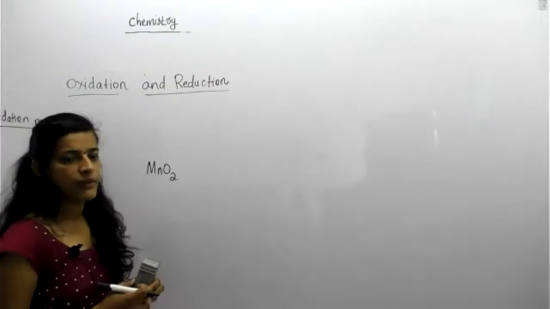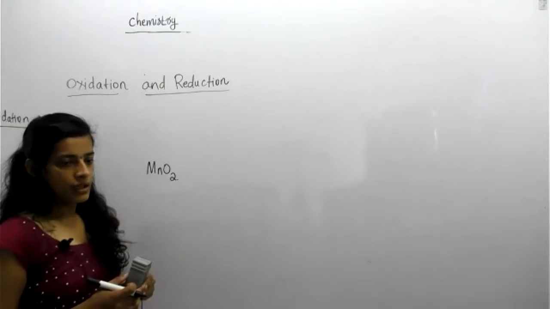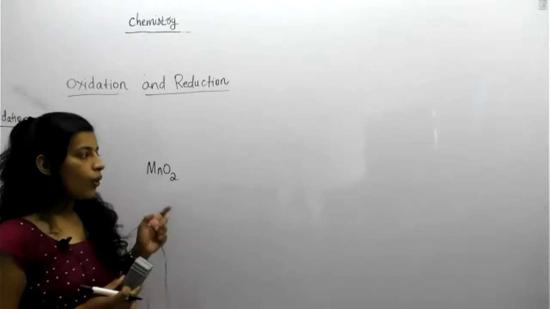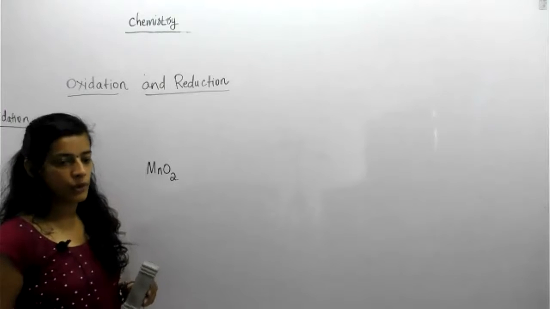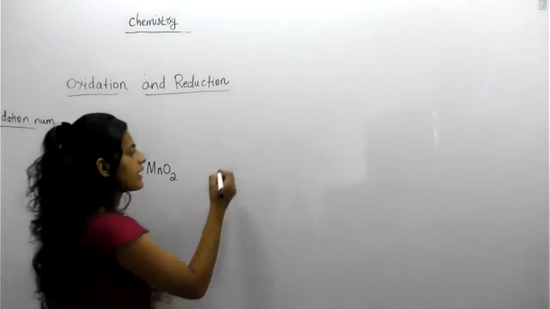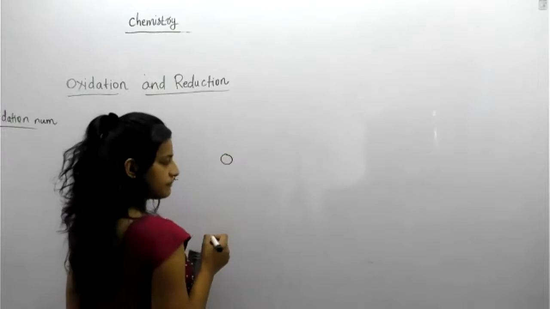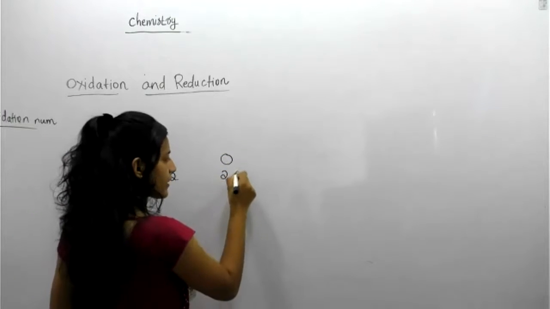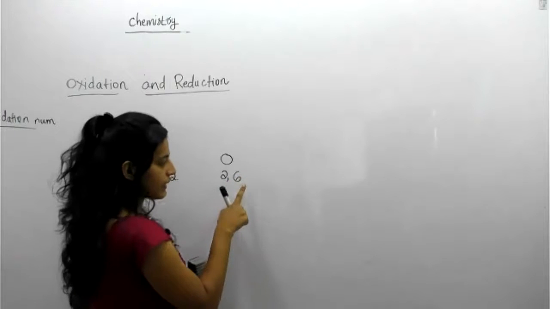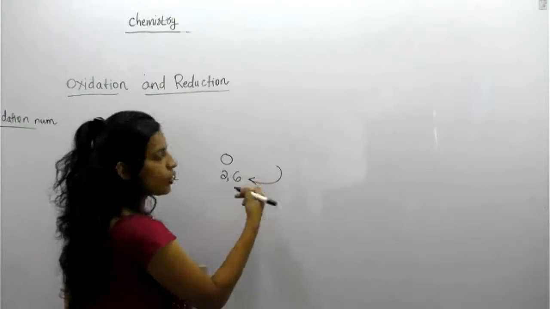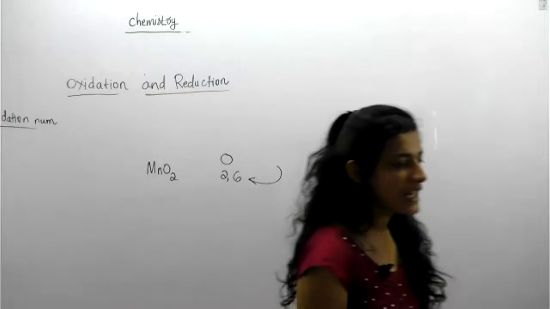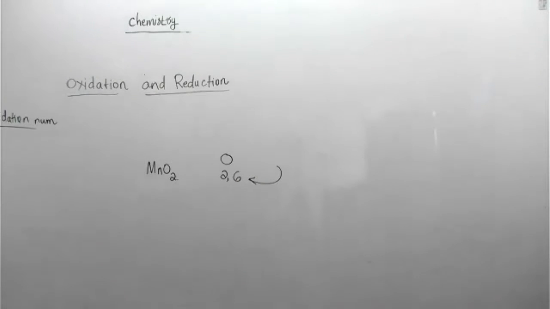Oxygen has a possible valency. Can you tell me? Will oxygen accept or remove electrons? What about the tendency? Oxygen has atomic number 8, so the last shell contains 6 electrons. Does it have a tendency to accept or remove electrons? What do you think?